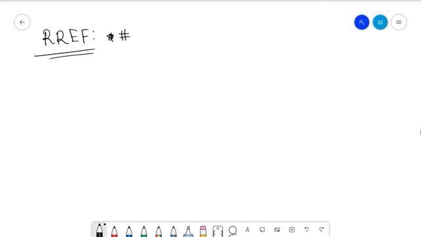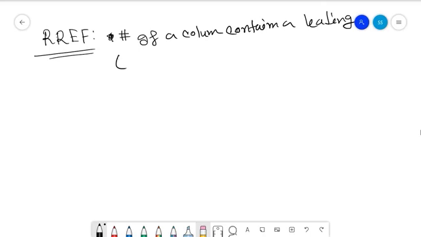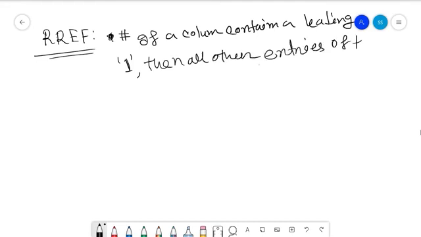This condition is that if a column contains a leading one, and provided that the conditions or the features we talked about a few seconds earlier hold, then all other entries of that column will be 0.